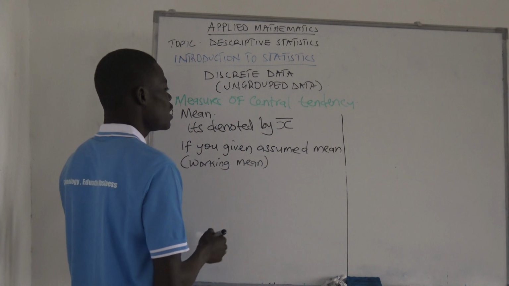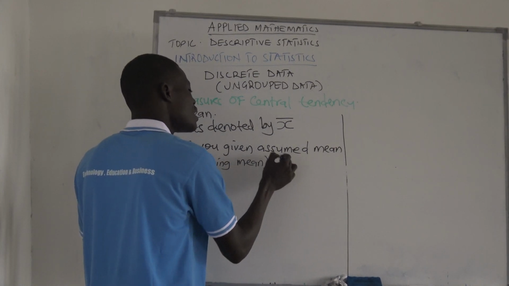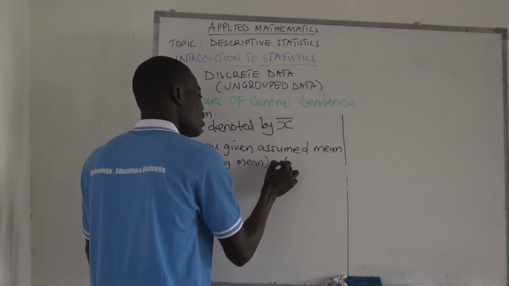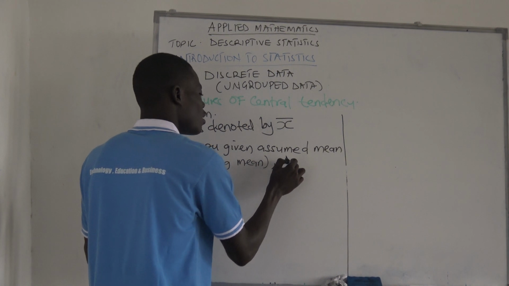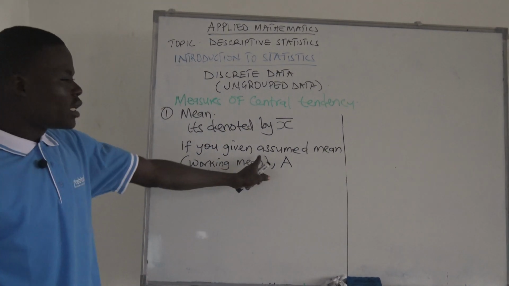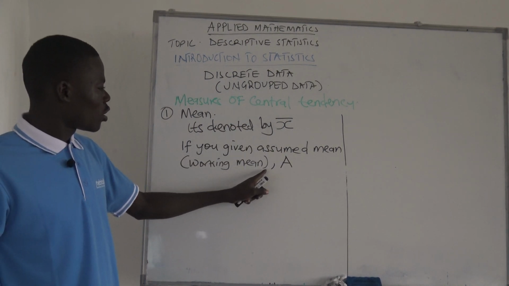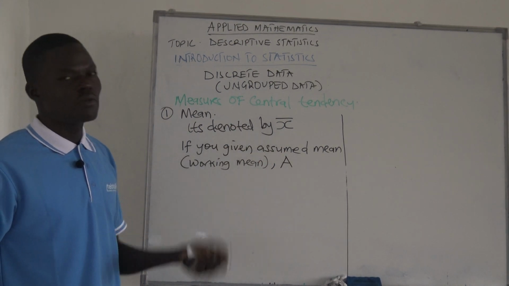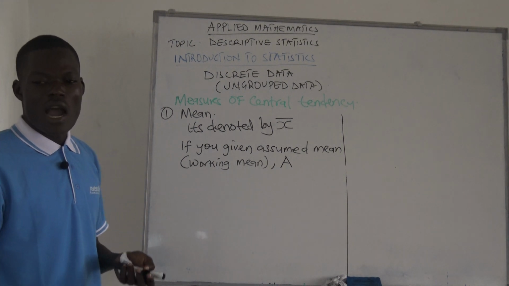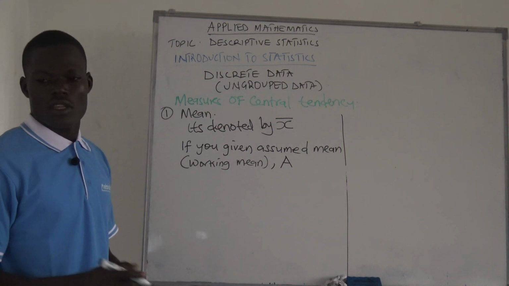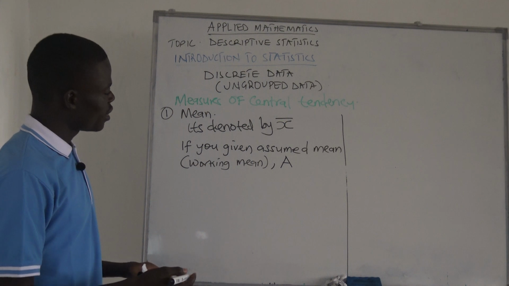If you have assumed the mean, our working mean is denoted by A. Assumed mean or working mean is denoted by A. So if you are given assumed mean or working mean, how do we get the mean?